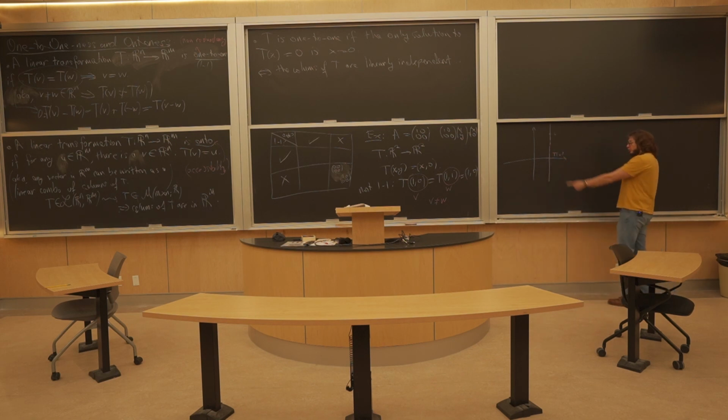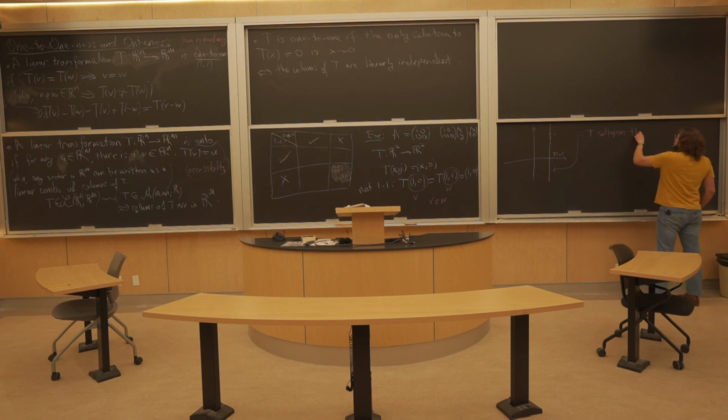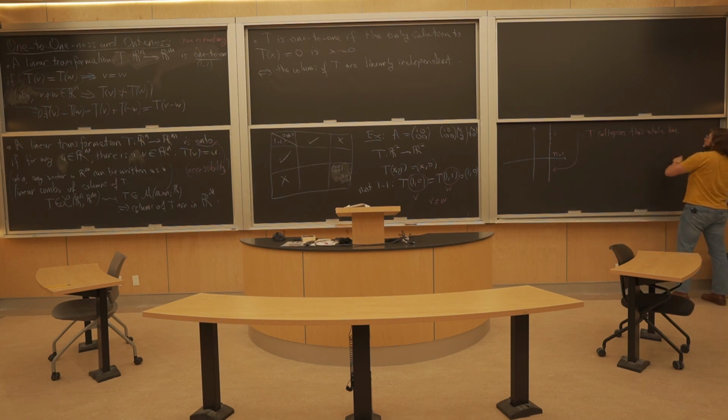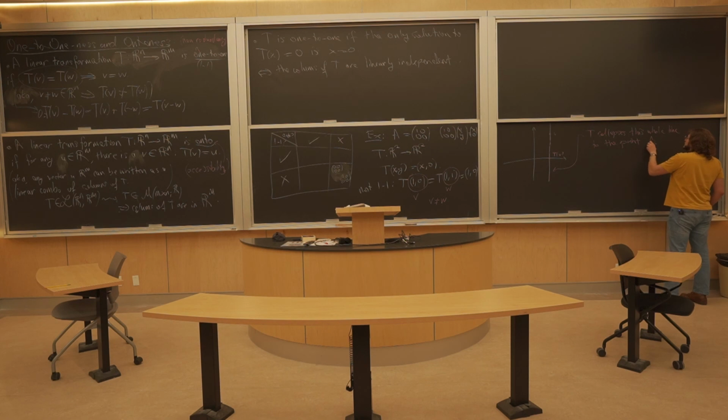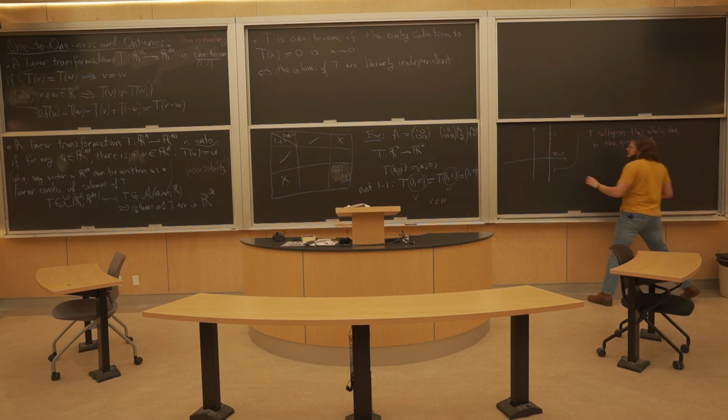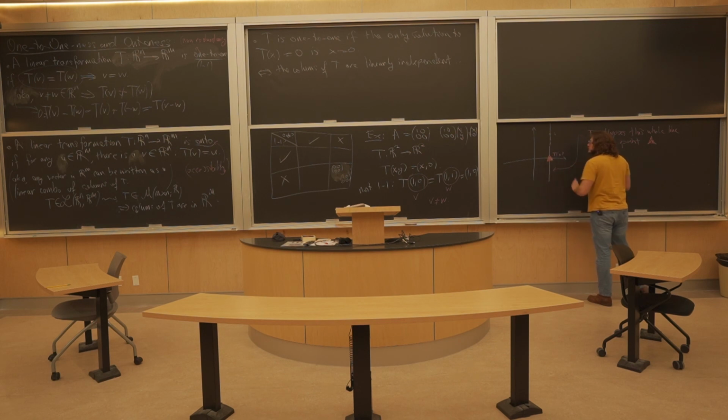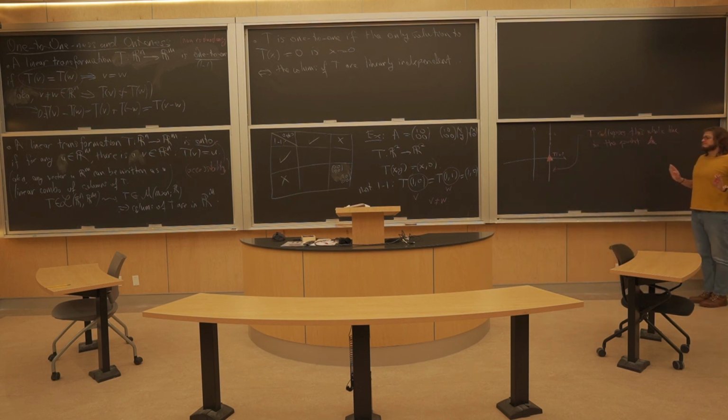Okay? This whole line is collapsed to this particular point. So T collapses this whole line to the point, let's say, triangle. And here's triangle. So it cannot be one-to-one. Okay?